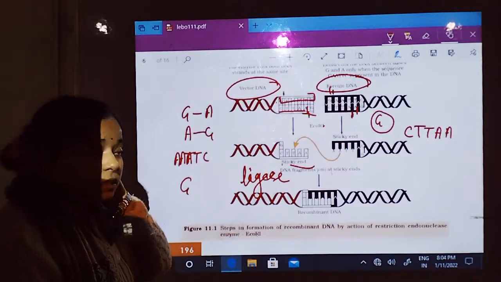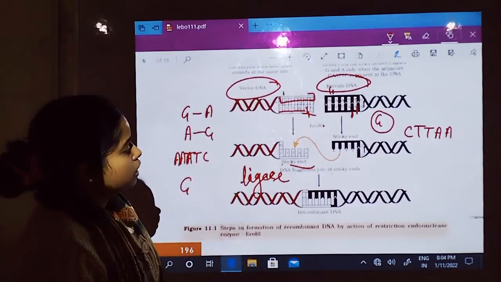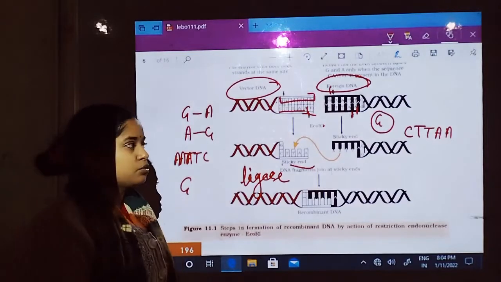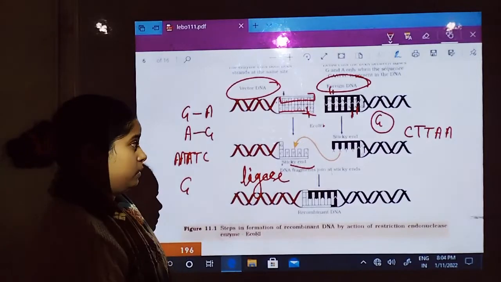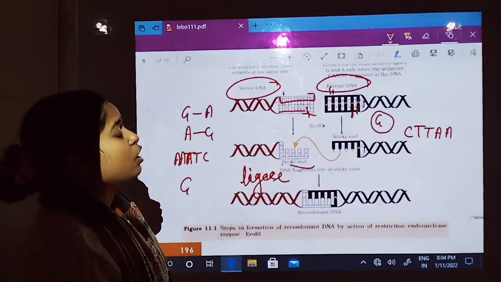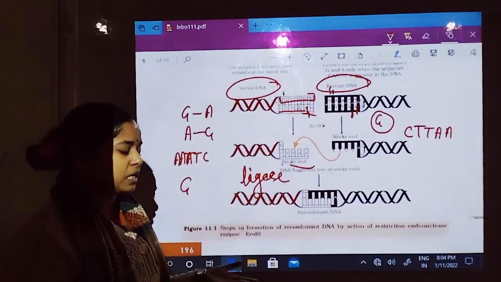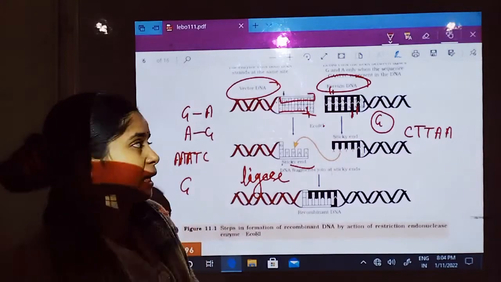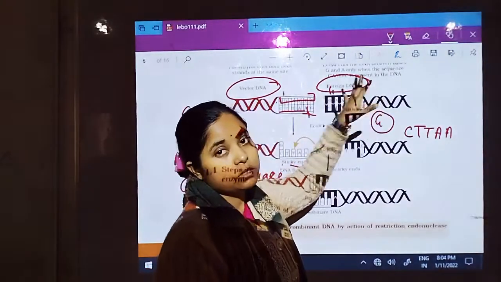So this is the diagram showing the action of EcoRI on vector DNA and foreign DNA, students. And now I hope you understand how they can ligate, or why action with the same EcoRI is necessary for the ligation of two different types of genetic material. One is vector DNA, another is foreign DNA.